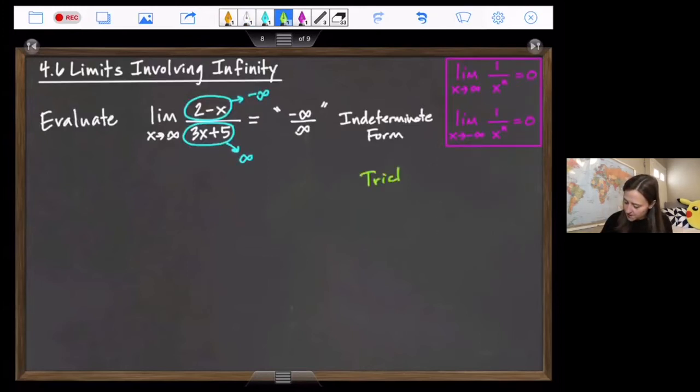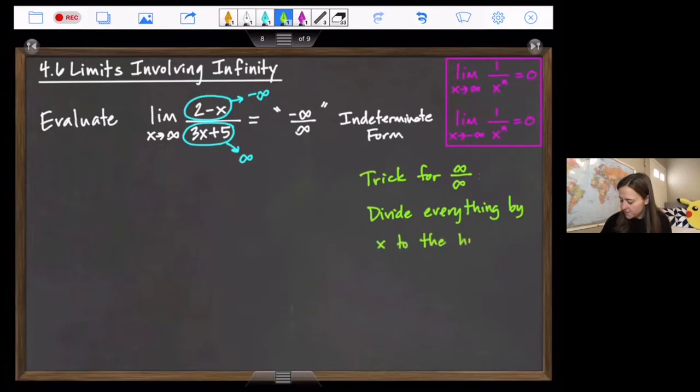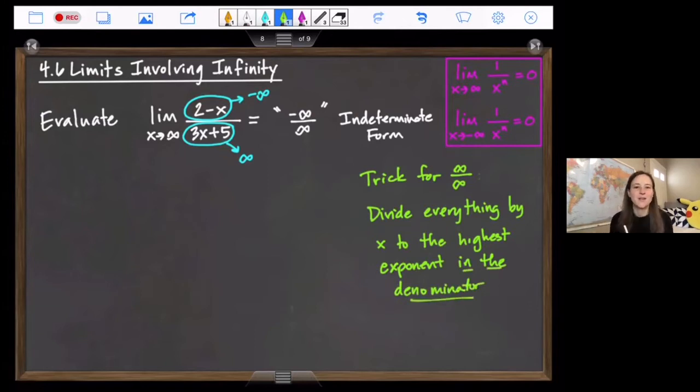So our trick for infinity over infinity, and it doesn't matter if it's positive infinity or negative infinity, you're going to divide everything by x to the highest exponent in the denominator. And that in the denominator is important, not just the highest exponent you see, but the highest exponent in the denominator. So let's try that on this one and see what happens.